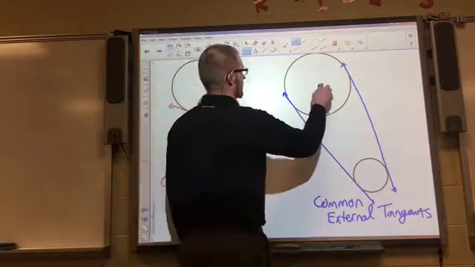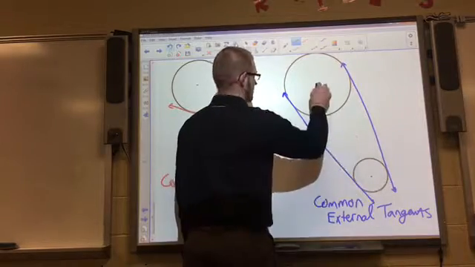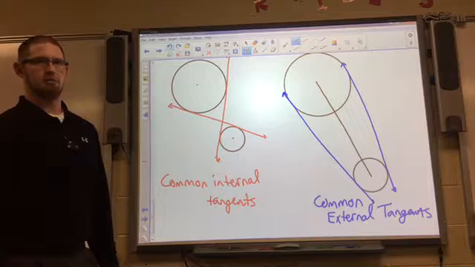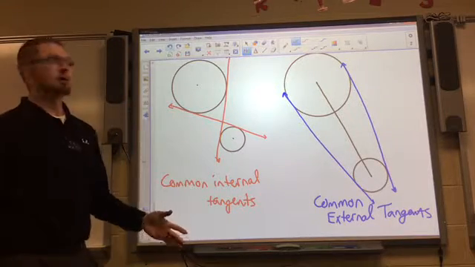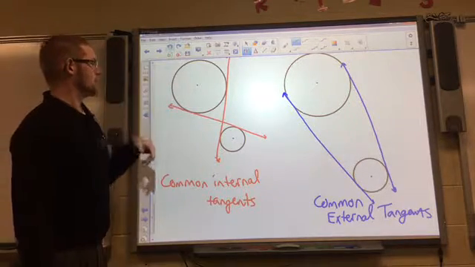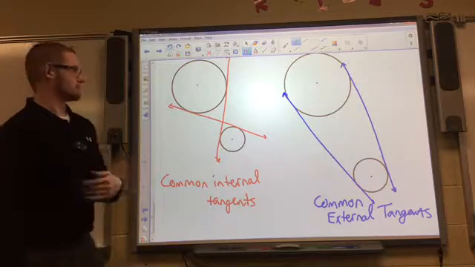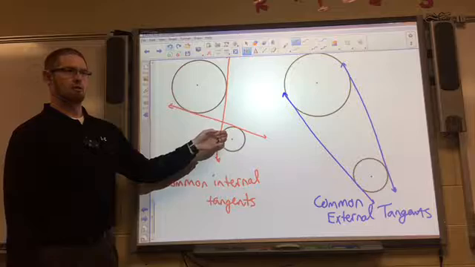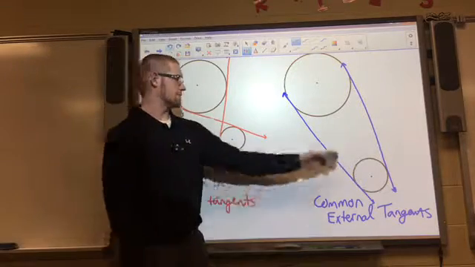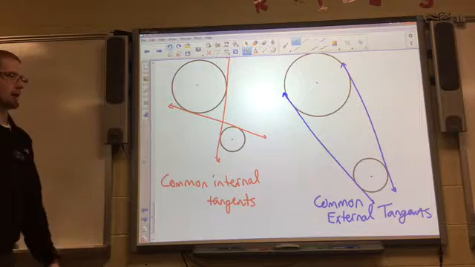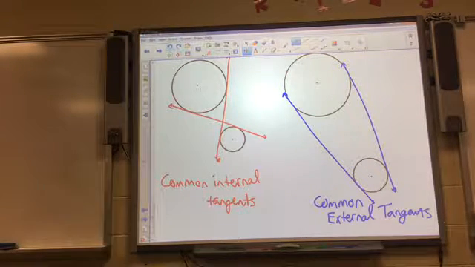And if you draw from center point to center point and they don't intersect, they're external tangents. However you want to remember that is fine by me. I don't care. I just need you to be able to remember it. I personally like to think if they're in between, they're internal. If they're exterior or on the outside, they're external.